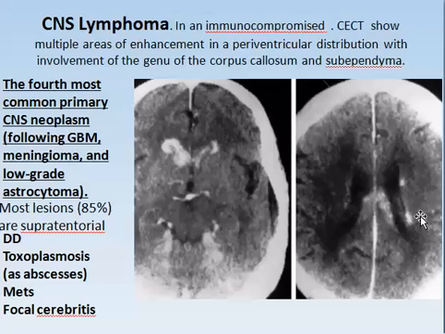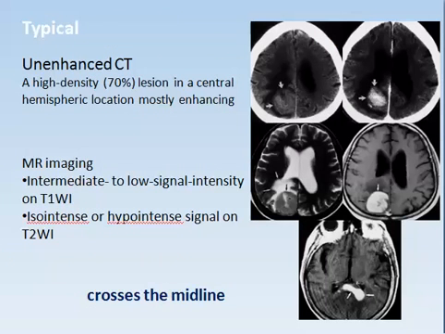It's typical to be seen sometimes in lymphoma. Unenhanced CT shows the disease as a high density in 70% of cases in the cerebral hemisphere and mostly enhancing. Of course, there is surrounding edema.